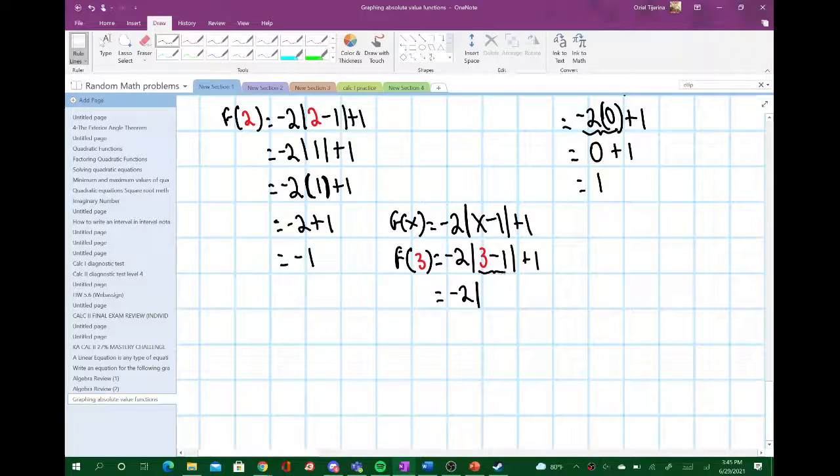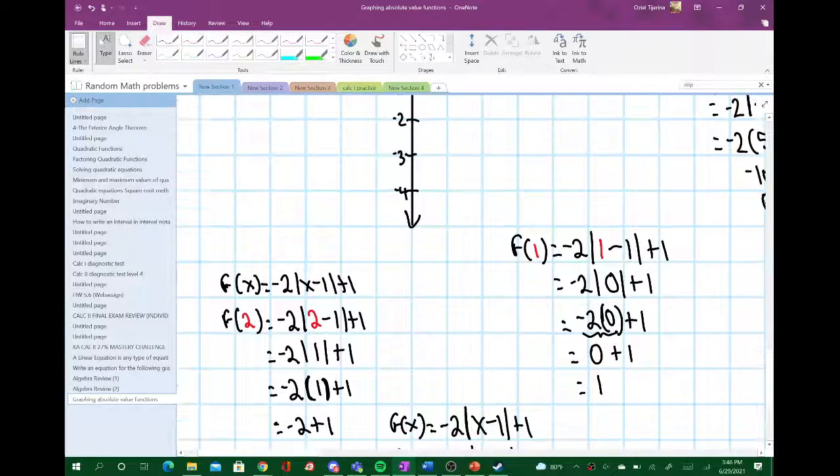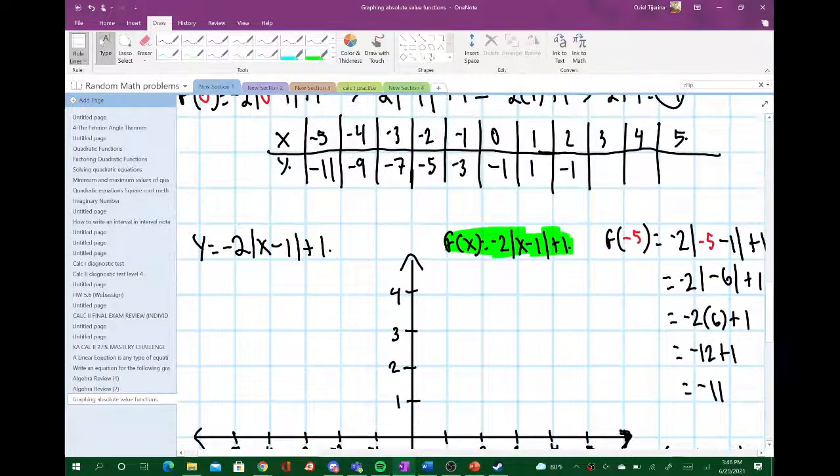That's just going to be 2, plus 1, right? And then what is the absolute value of 2? The absolute value of 2 is just 2, right? Plus 1. And then I'm going to say, okay, what is negative 2 times 2? That's just negative 4, and then plus 1. And then what is negative 4 plus 1? That's just negative 3, right? So when x equals 3, y equals negative 3.